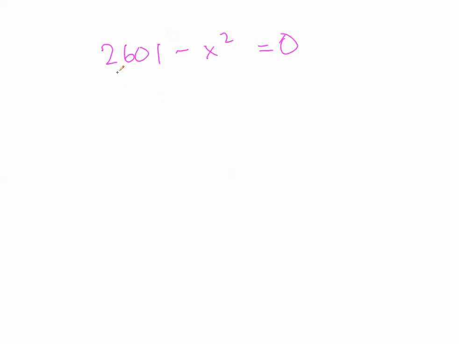Well, I could use the quadratic formula here if I wanted to, but since I don't have a bx term, check this out, I could actually move the x squared over and write 2601 equals x squared. Let me write this the other way around: x squared equals 2601, that some number squared gives me 2601.